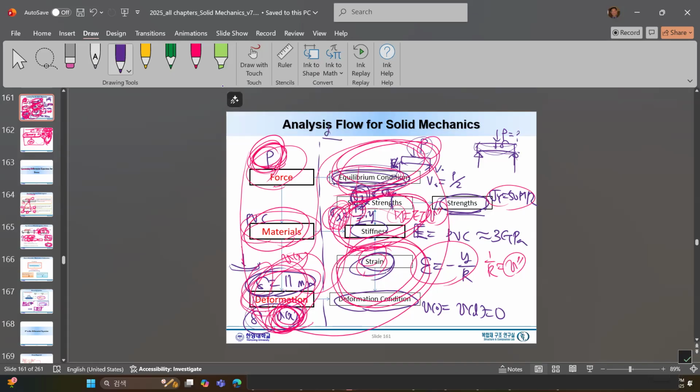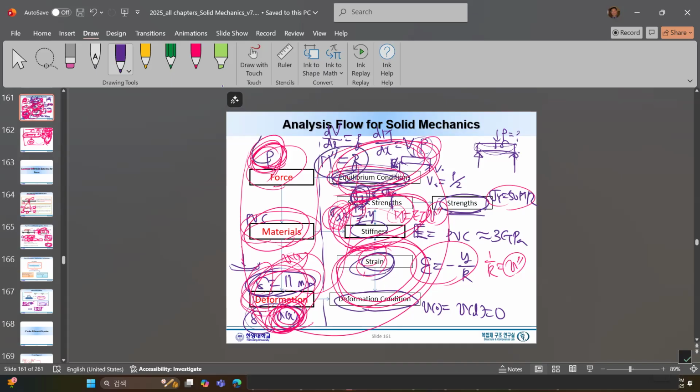Okay. I will write here dV/dx equals Q, and dM/dx equals V. So here now we have a moment. The second derivative will be Q(x).